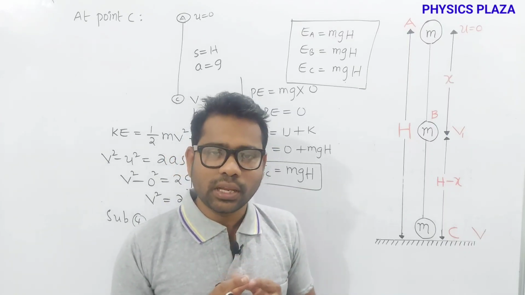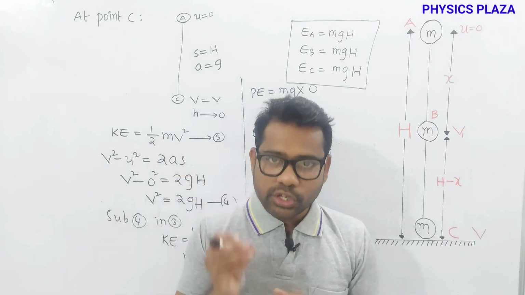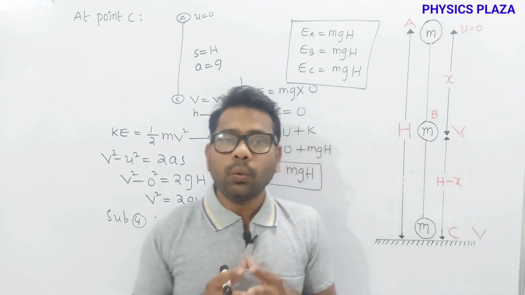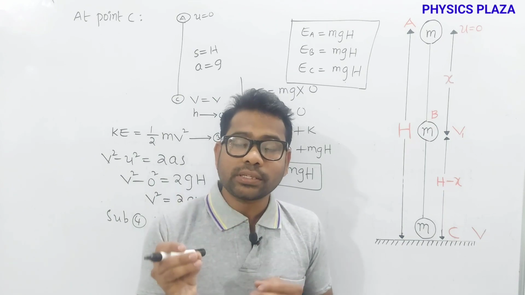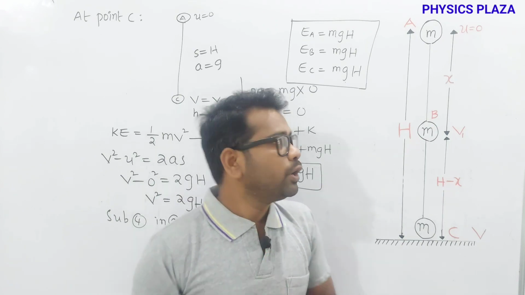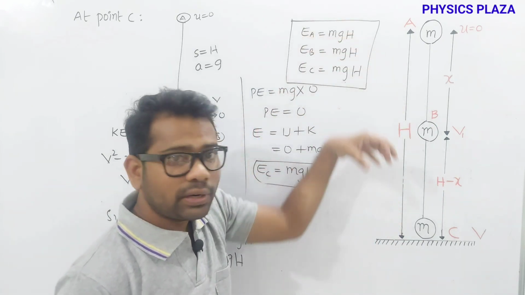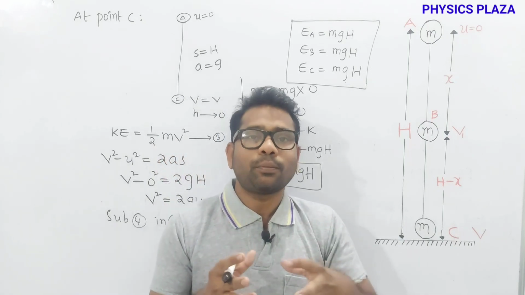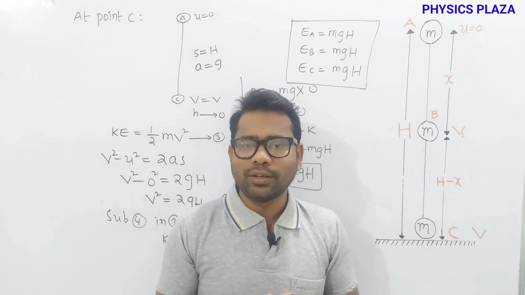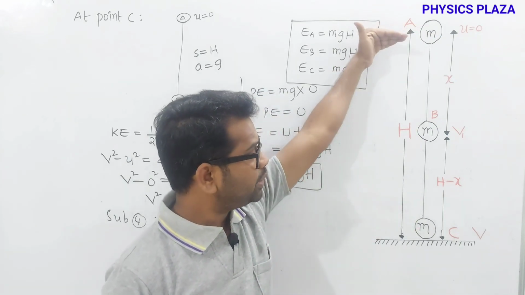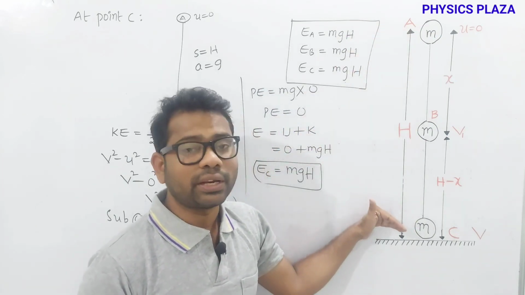The law of conservation of energy is valid only in the absence of non-conservative forces such as air friction. Don't you think that when the body is falling freely, air will be there? Yes, obviously. To overcome that friction, children, some energy is spent. So obviously here the energy may not be equal to the energy at this point.